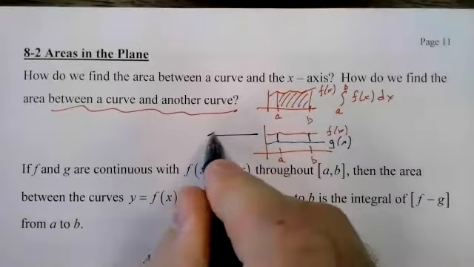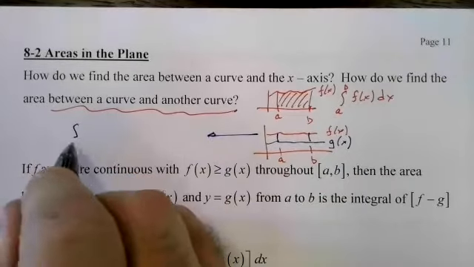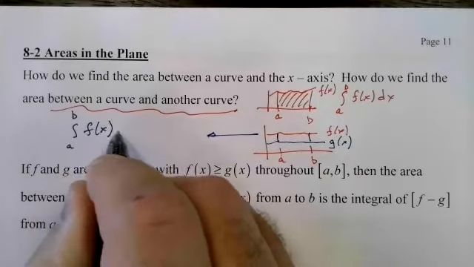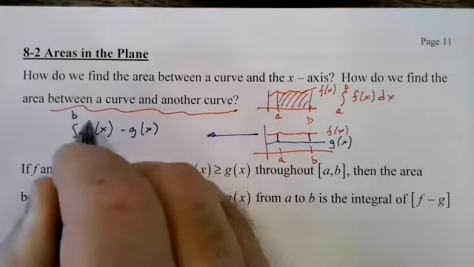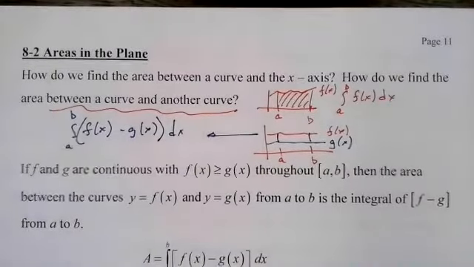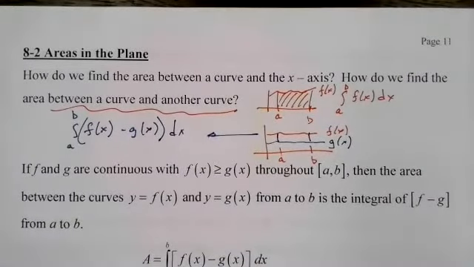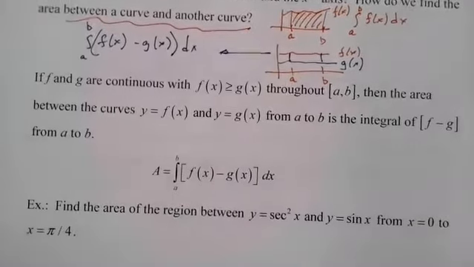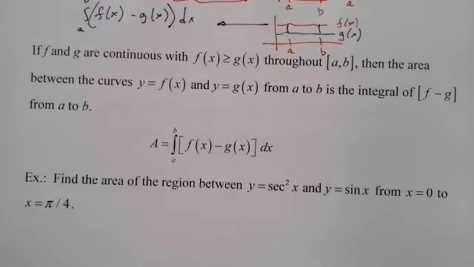Well, then it's just the integral from a to b, f of x minus g of x. I keep putting my parentheses around this because I think it's just healthy, but I've had other people tell me it's not necessary. So we'll see. I'm going to leave them. All right, so just subtract them. It's right there.